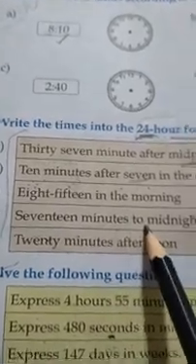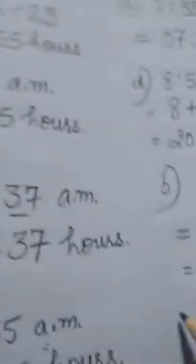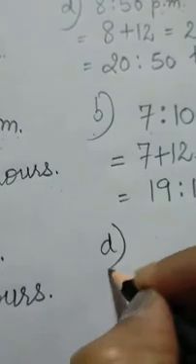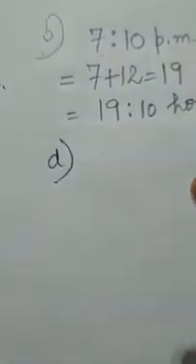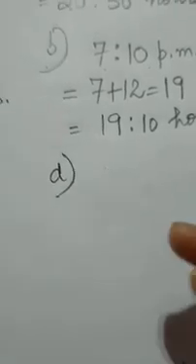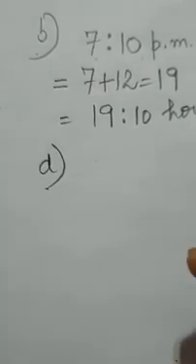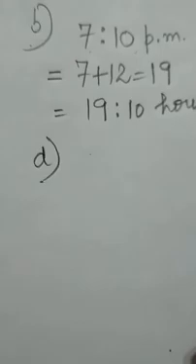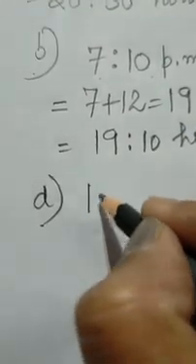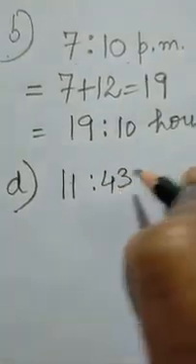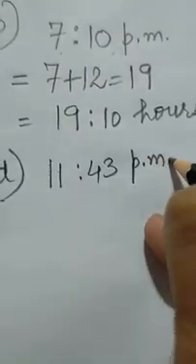Now next, see it carefully, 17 minutes to midnight. So what is the time there? Midnight means 12 o'clock. 17 minutes to 12 o'clock means 17 minutes remain before it becomes 12 o'clock. Then what will be the time? The time will be 11:43 PM.